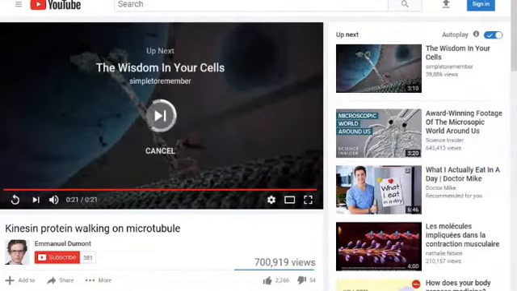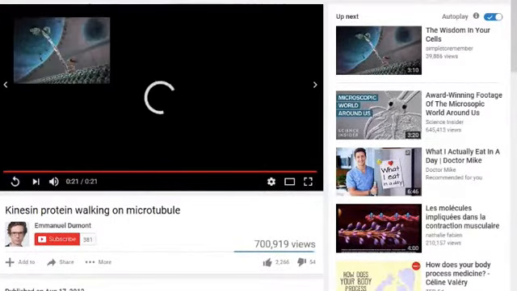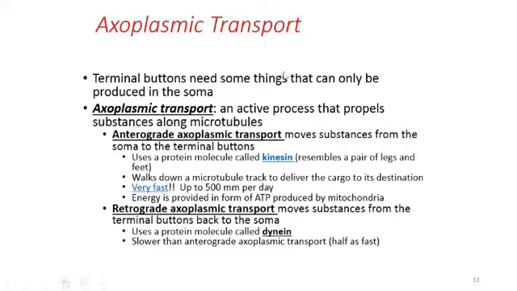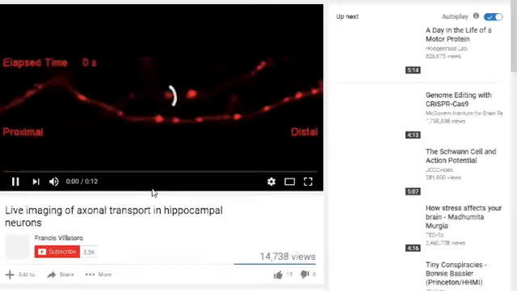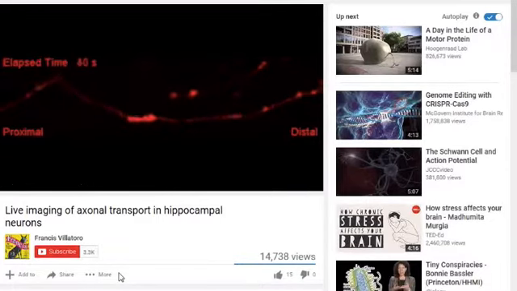So it's not too much of an exaggeration. And this is an actual video of that process taking place in hippocampal neurons. And you can see it's really moving things along fairly quickly.